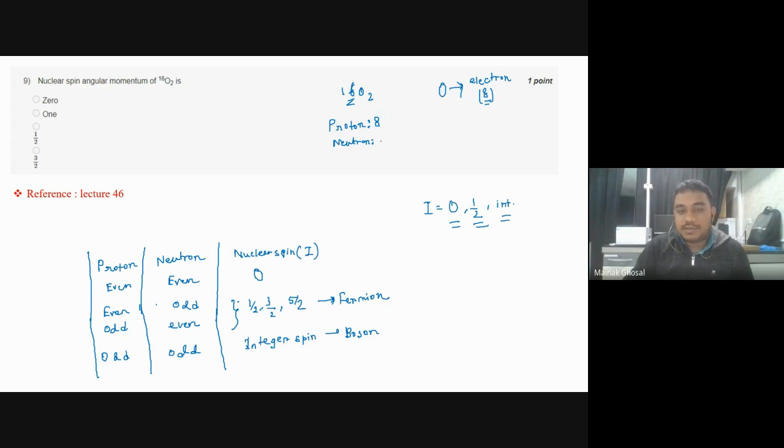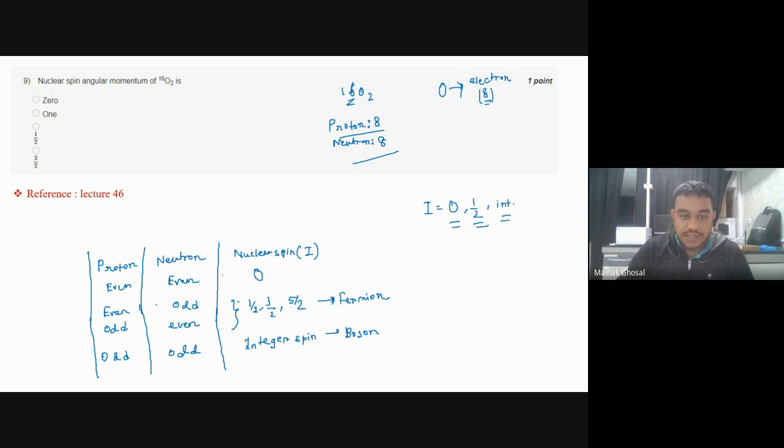So how many are neutrons? 8. So in oxygen 16O2, it will have 8 protons and 8 neutrons, right?